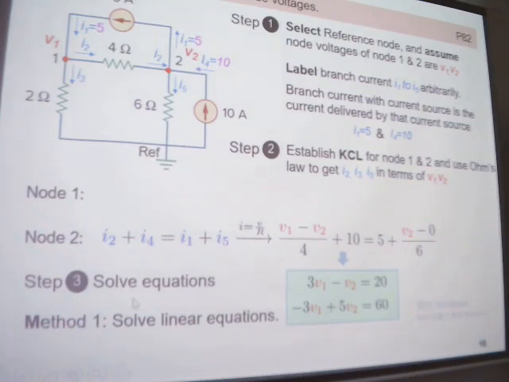And step 3, we solve the equations. Method 1, we can solve the linear equations, right? And method 2, we use Cramer's rule. Remember? We get this and then turn it into the matrix form, right? We get the A matrix, the X matrix, and the B matrix.